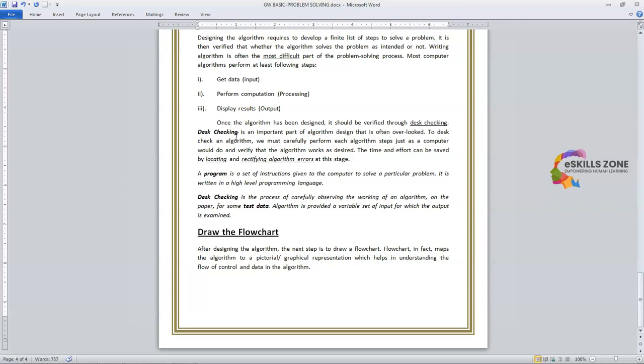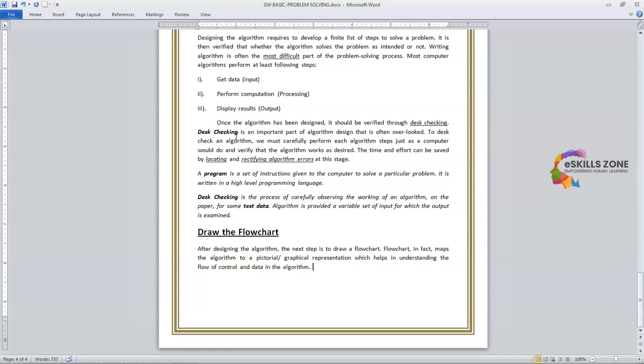In the end, the output symbols are used to display the result of that particular program, and finally we use the stop symbol. We will discuss flowcharts later in this chapter, and we will discuss multiple types of flowcharts, so that we can have a better understanding of flowcharts.